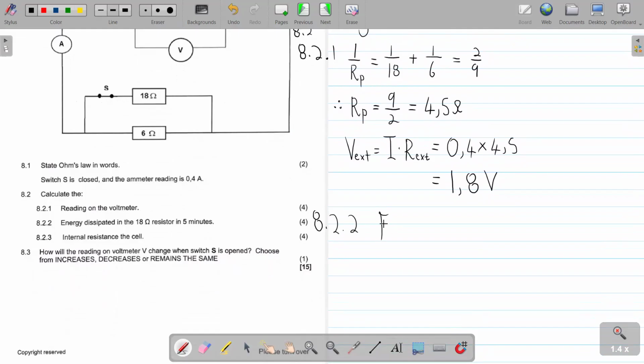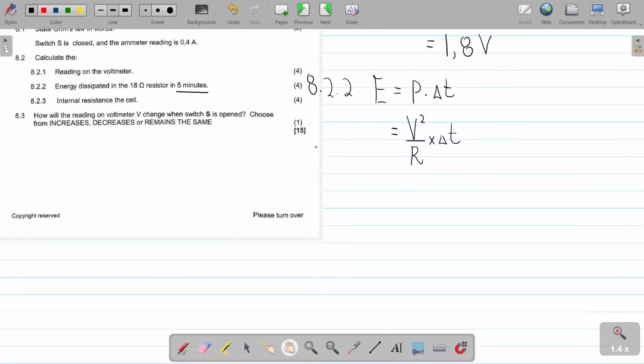I said E equals P multiplied by delta T. And then the power here, the power is V squared over R, and then it's going to be multiplied by the time. If they give us minutes, it should be converted into seconds, isn't it?